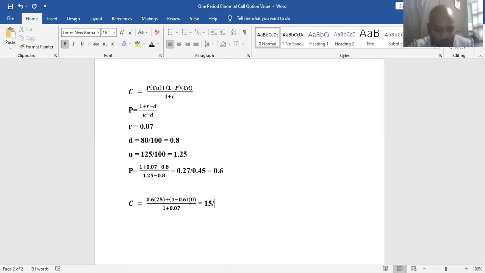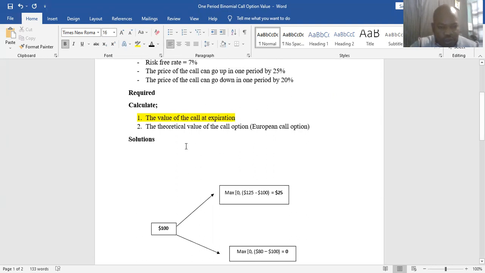Divide by 1 plus 0.07 gives me 1.07. And then now I can say 15 divided by 1.07. It will give me 14.02. Hence, I've calculated the theoretical value of the core option.